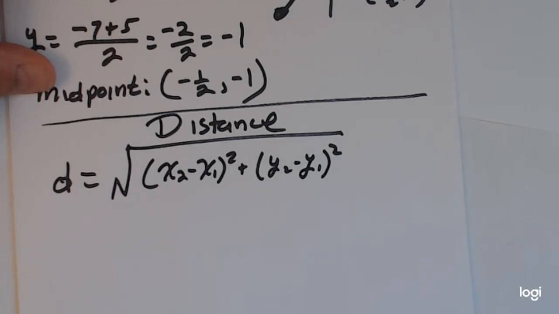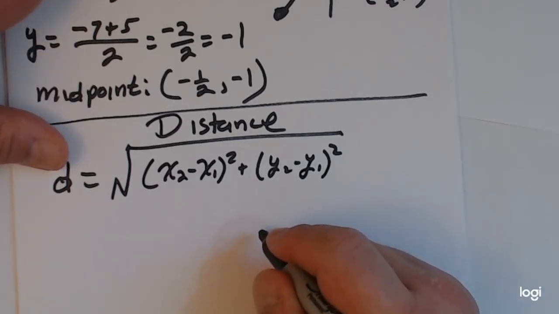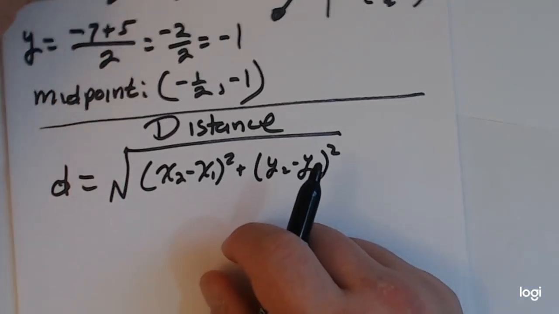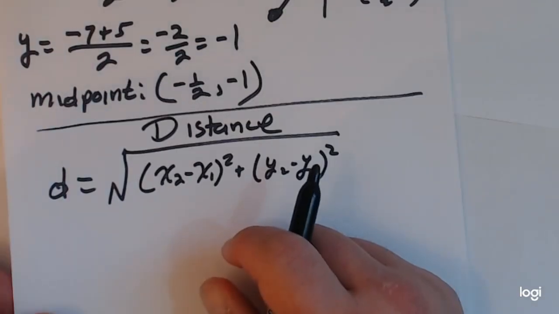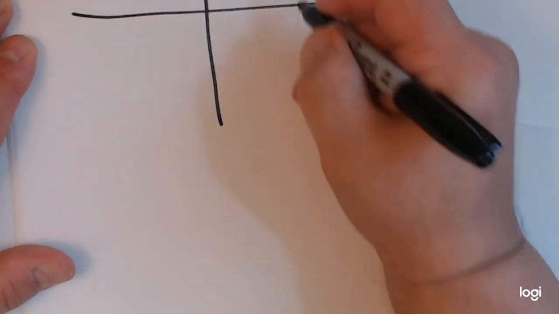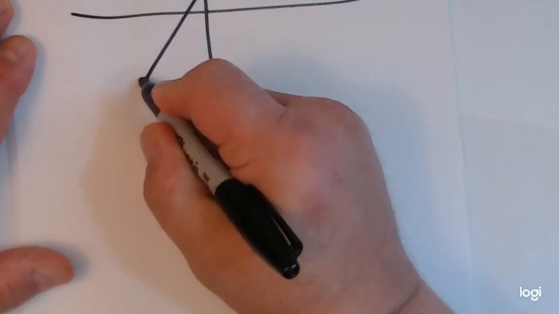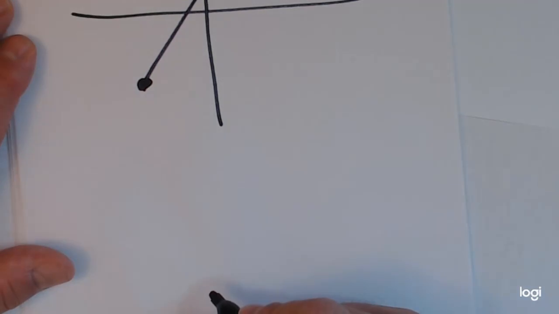Now, let's do this first. Let me show you how this relates to the Pythagorean Theorem. So let's take a graph, and we can use a graph similar to what we had up here.